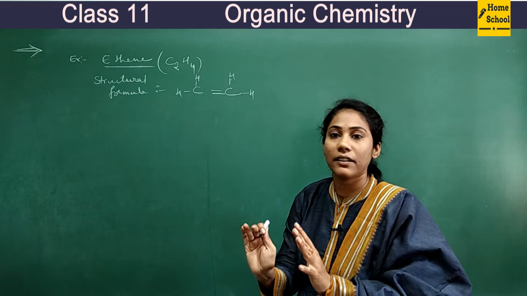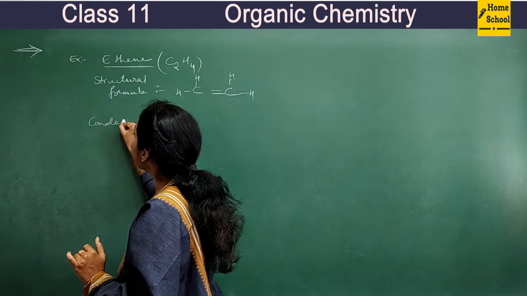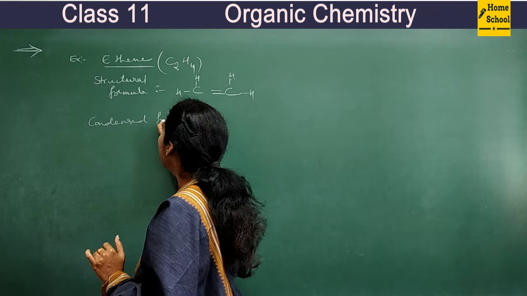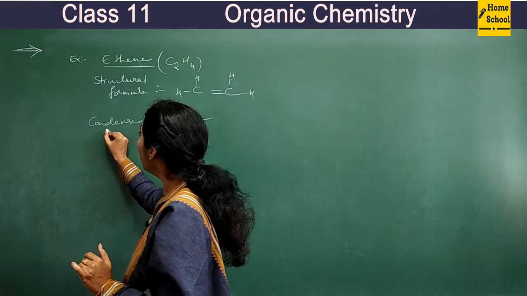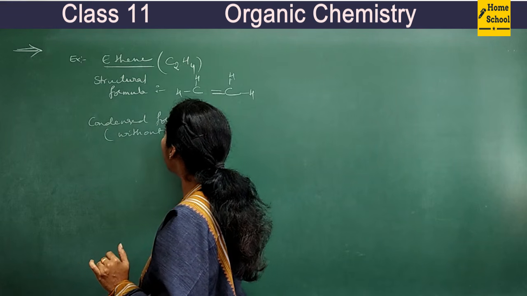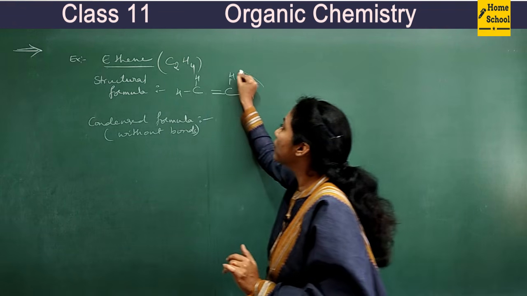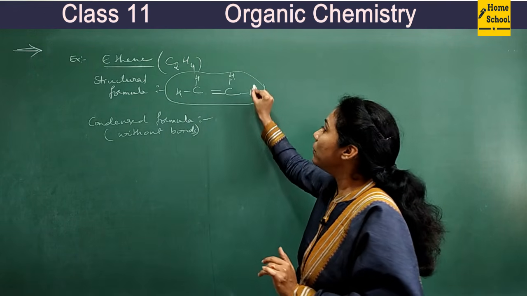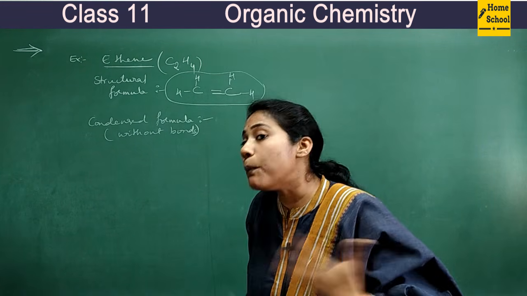Very, very important. Now I will tell you what you mean by condensed formula. Condensed formula is nothing but writing the compound without bonds. This particular structure, I will mention without bonds.